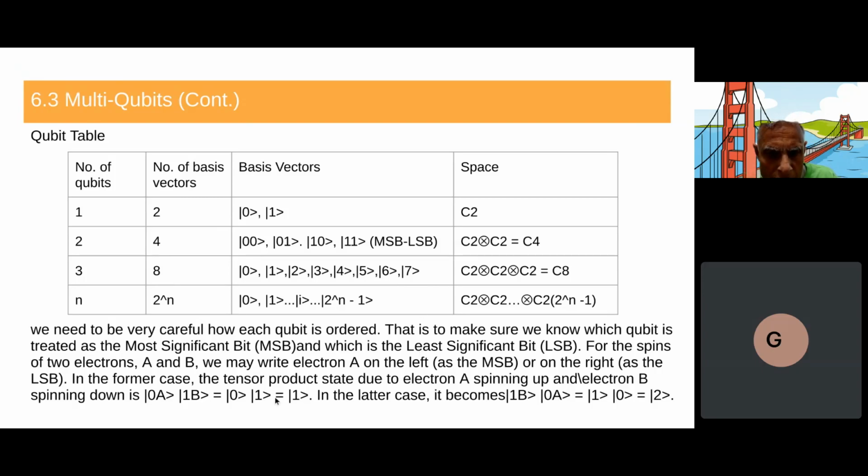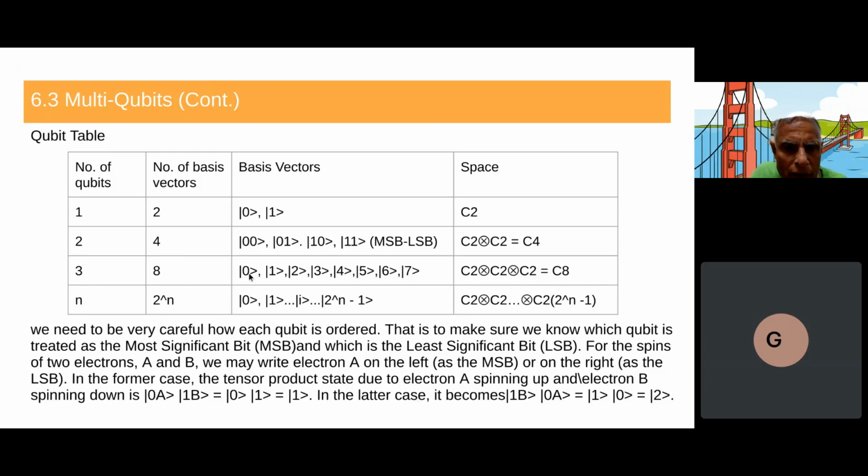Here, in the former case, we have the tensor product state due to electron A spinning up. We are calling them electron A and B, with spin 0 for A and spin 1 for B. As long as you know that they are different, we are removing the A and B labels and calling it 1 in the latter case.